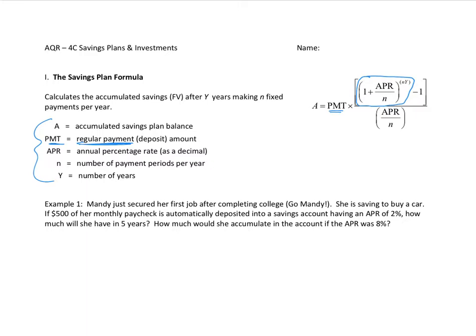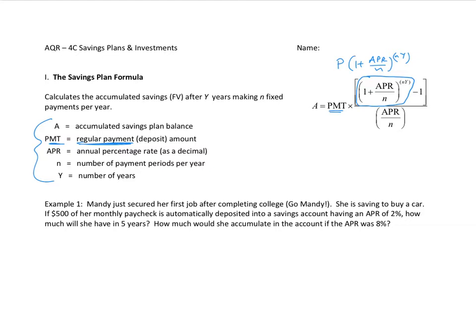So we have an equation that almost looks like P times 1 plus APR over n to the ny power. The only thing that we're adding to the formula is this minus 1, and we're dividing by another APR over n. So everything here already should make a lot of sense to you. You should understand what these variables mean.